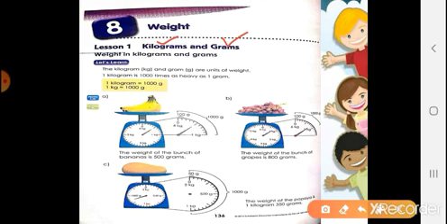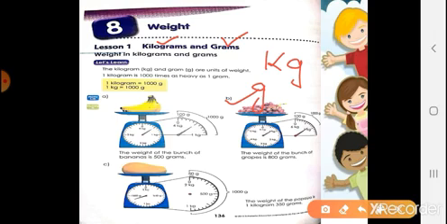We represent kilogram as kg and grams as g. So we use kg for kilogram and g for grams. The kilogram, kg, and gram, g, are units of weight.